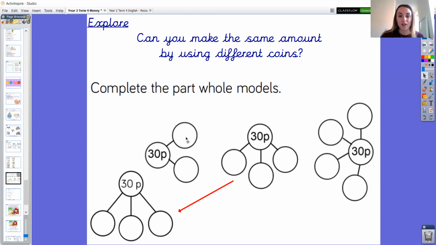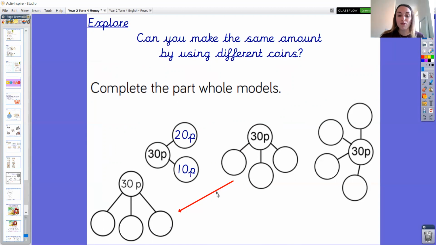Well done, Year 2. So these 2 coins could be 20p, which is 2 tens, add 10p, because we know 2 tens add 1 ten equals 3 tens altogether. Well done.